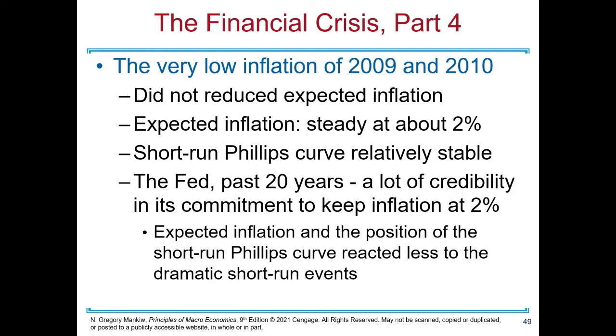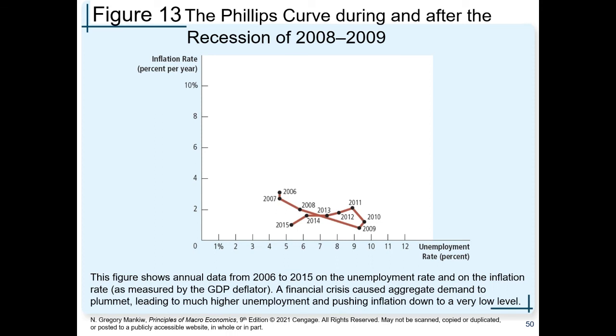And by 2018, unemployment was below 4% and inflation was at 2.3%, which was the highest it had been since 2007. Since then, well, at the time, I don't know about now, the Fed was doing contractionary policy.